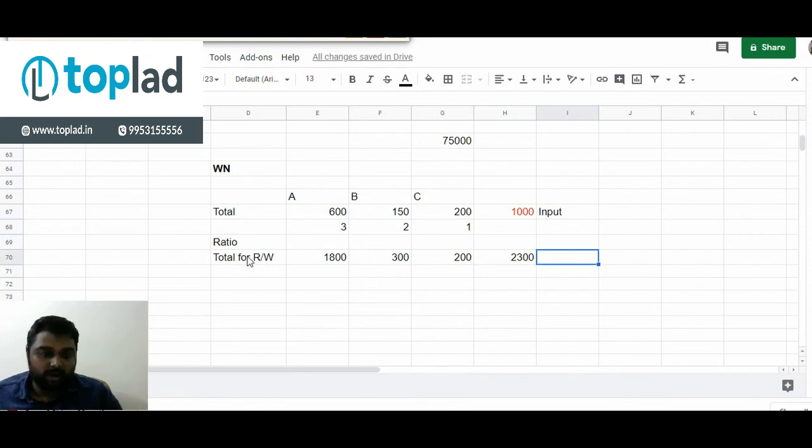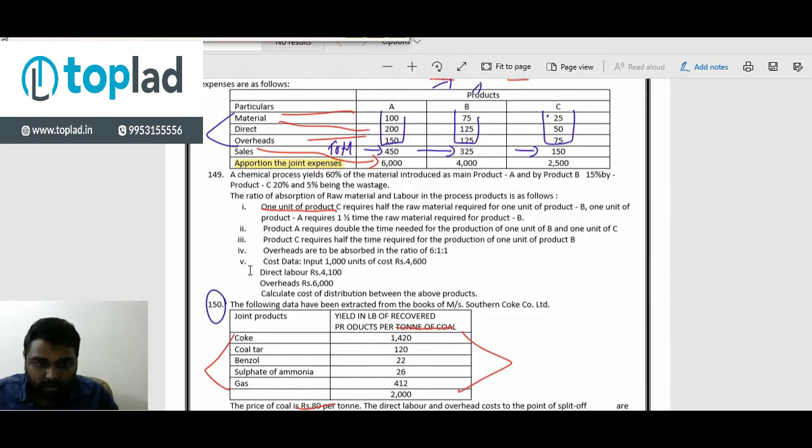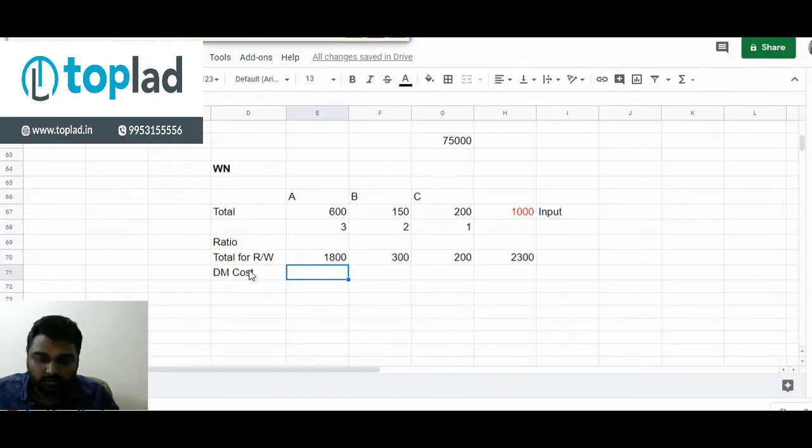So what is the direct material cost? Direct material cost is 4600. So here 4600 into this divided by this, we get the ratio.